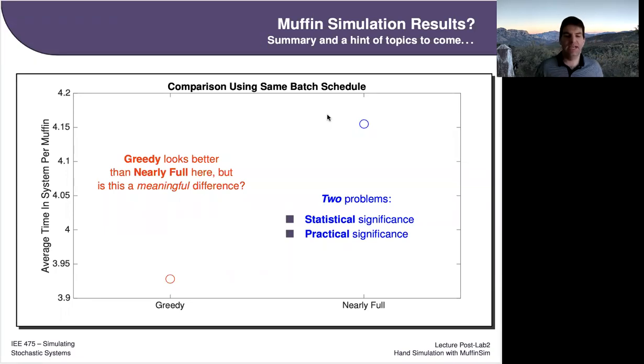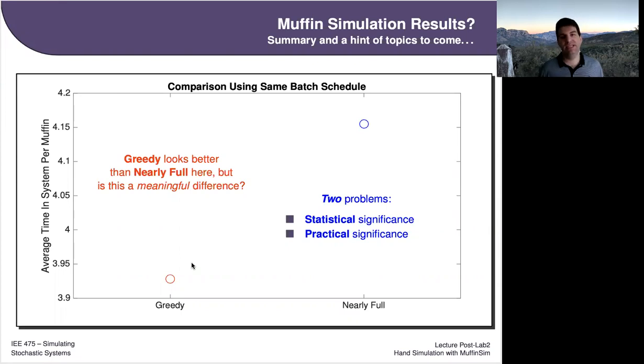Because otherwise, there are 2 problems here. For one, without having more schedules, as far as I know, this could just be bad luck. I just picked a bad muffin schedule going into it, one that happened to make the greedy policy look really good. This is just like picking a fashion model that makes a particular jacket look really good because it only looks good on that fashion model.